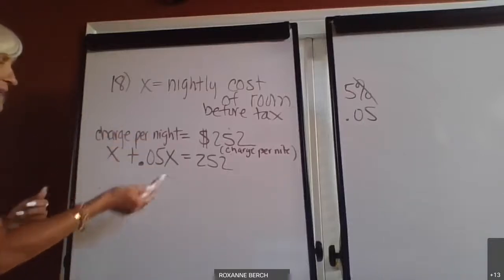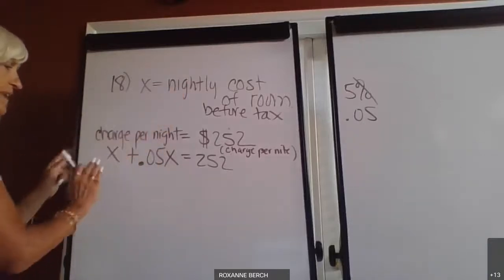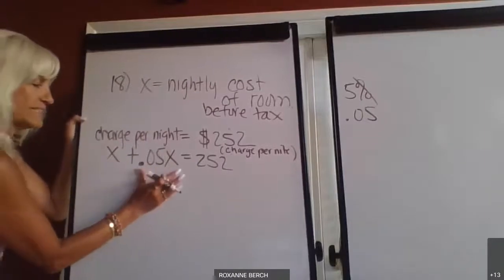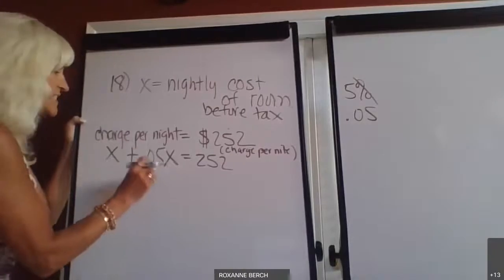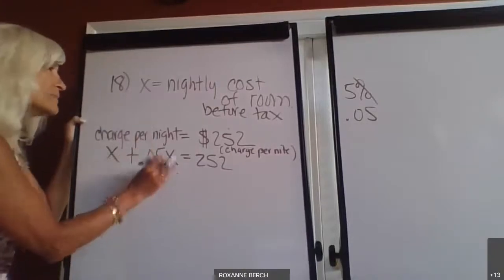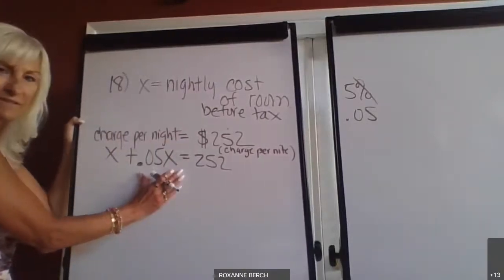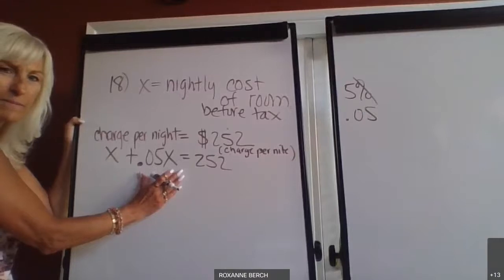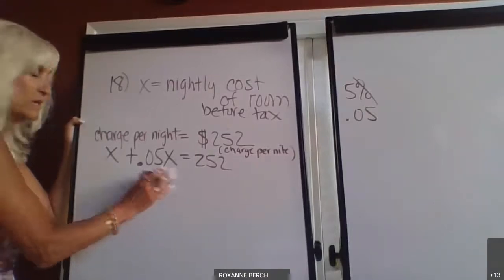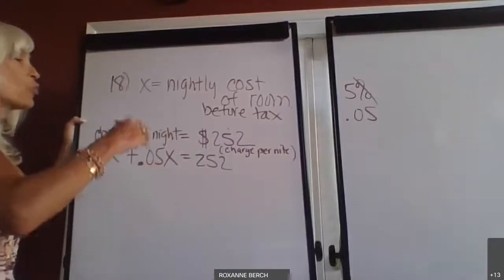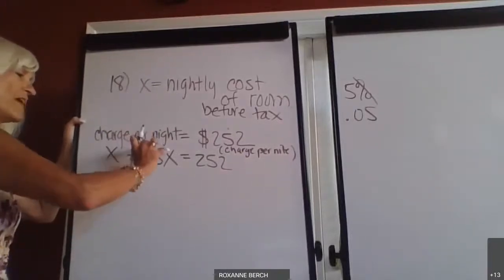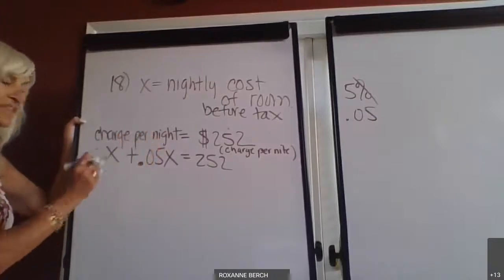All right, but do you see what I did here? I took the nightly cost, and this represents the tax, not just 0.05. It has to be 0.05 times the cost. You with me? So X represents the cost, and 0.05X represents the 5% that's going to be added to the cost.